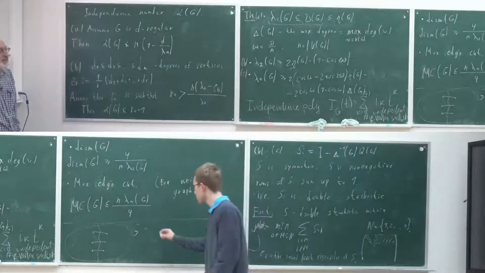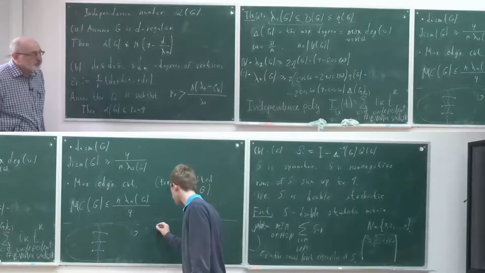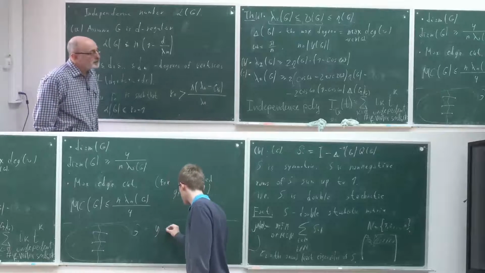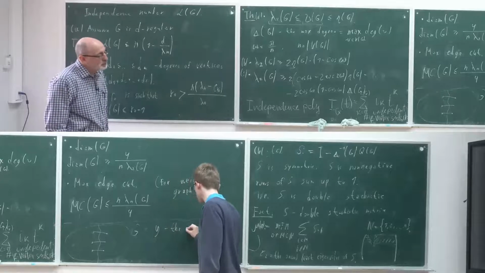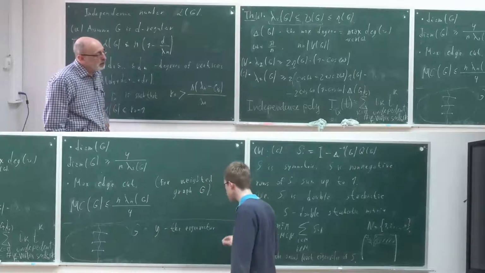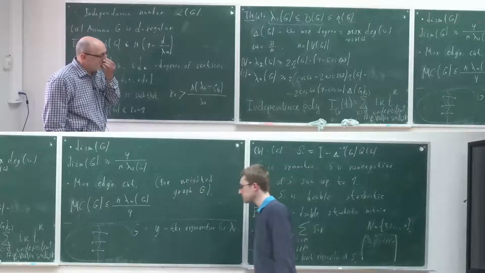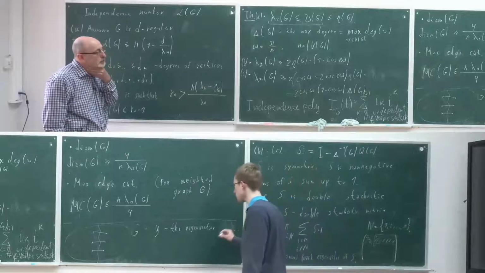Well, the way is the following. Let y be the eigenvector for lambda 2. So the eigenvector with eigenvalue lambda 2.